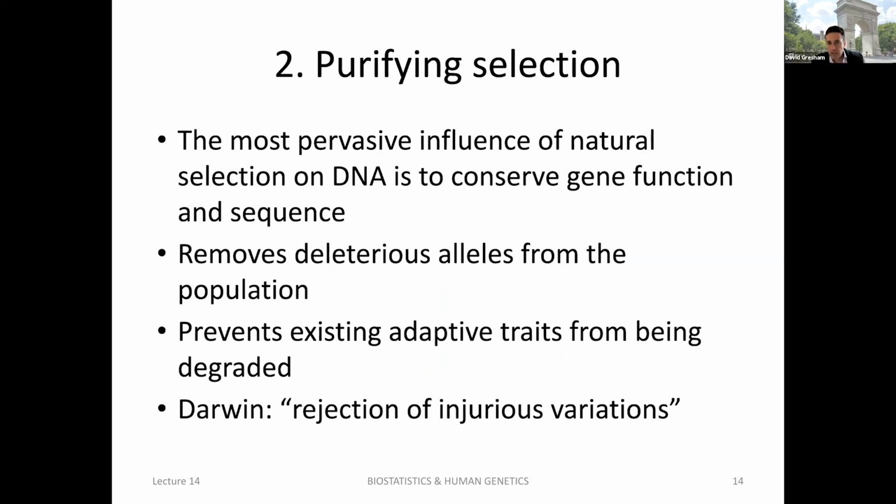The most pervasive source of selection actually is not positive selection driving advantageous alleles, but is a phenomenon known as purifying selection. This is selection that acts to conserve the function of genes and gene sequences that are beneficial. And so this is selection that's removing deleterious alleles from the population.